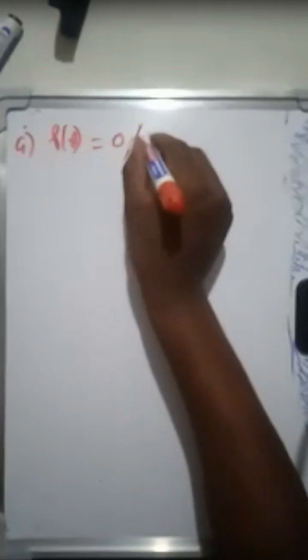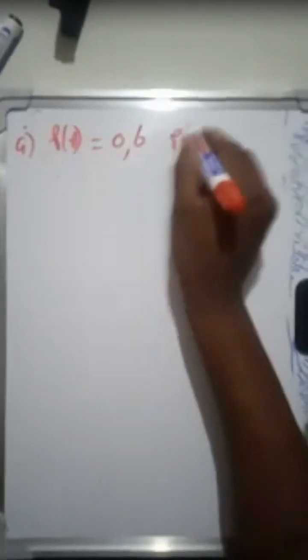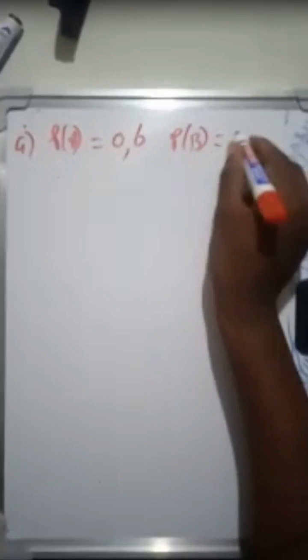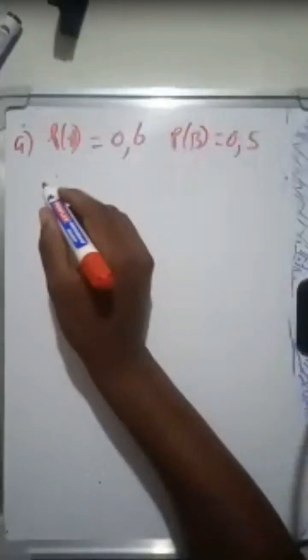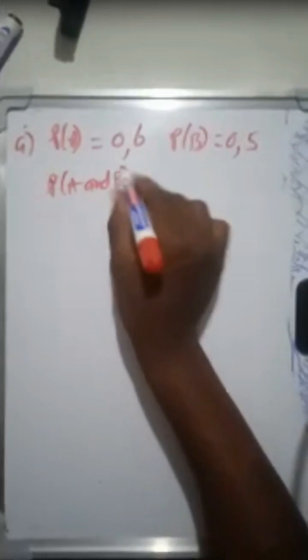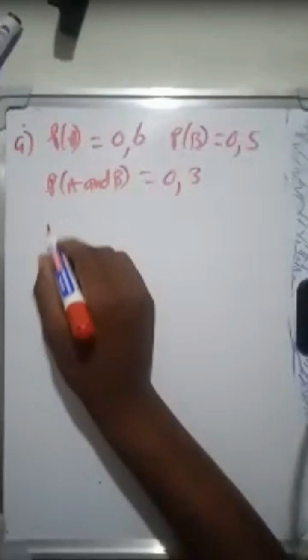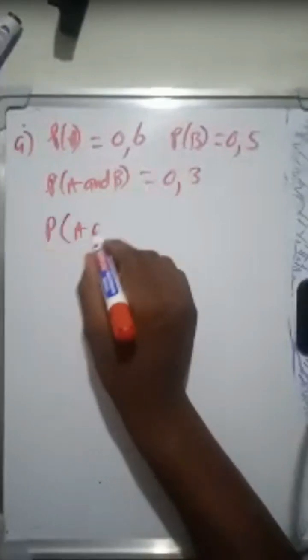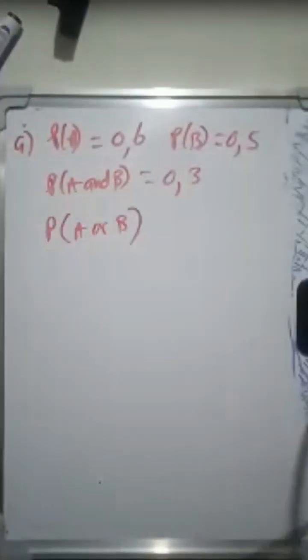Let's start with A, which is saying two events A and B are such that the probability of A is equal to 0.6, the probability of B is equal to 0.5, and the probability of A and B is equal to 0.3. Determine the probability of A or B.